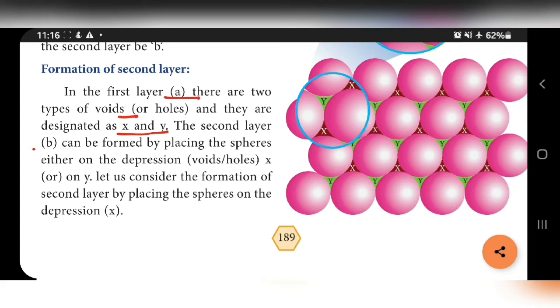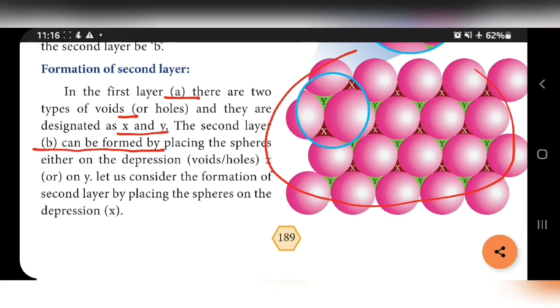The second layer B can be formed by placing the spheres either on the depression on X or Y. So this is the first layer. If we place atoms on this layer, that is called the second layer. We can place the second layer atoms either on X void or Y void.